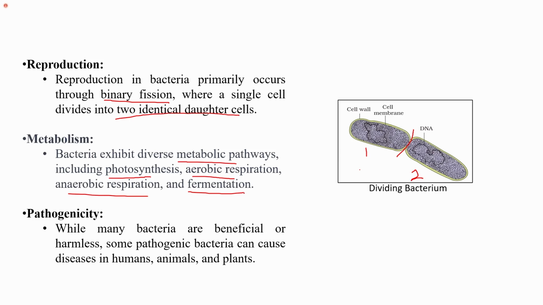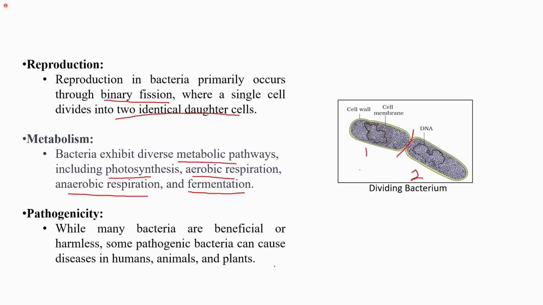There are some bacteria that can undergo photosynthesis, and therefore can make their own food. This is related to their diversity in the habitat. Depending on their environmental conditions, they have adapted to different metabolic pathways.